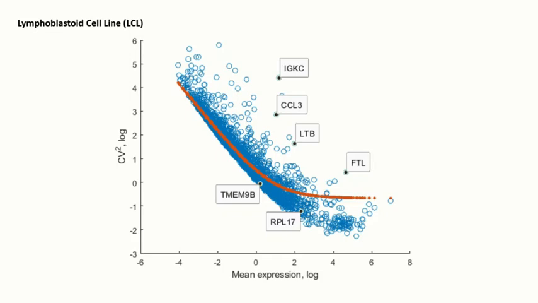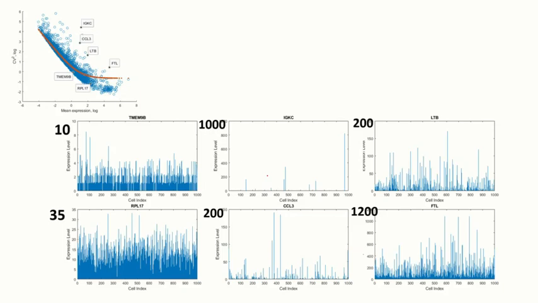And you see, okay, some genes jump out above this curve, some are lower than this curve. So I put some example genes: four above this curve, four down below this curve, to look at their expression profiles.